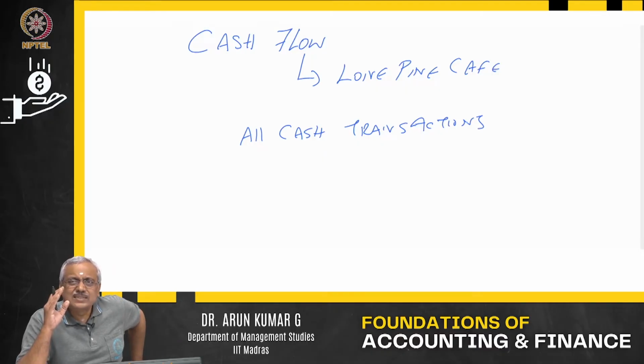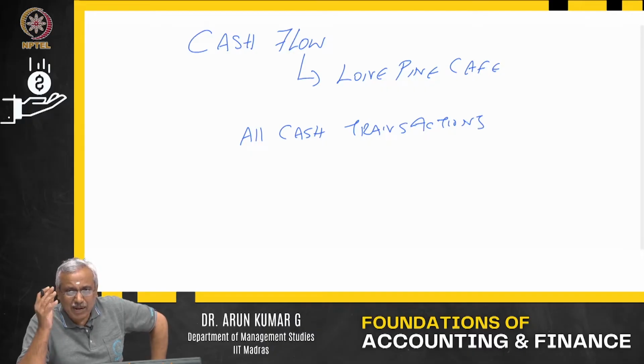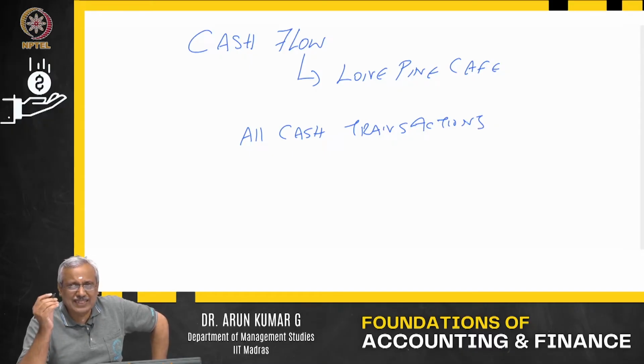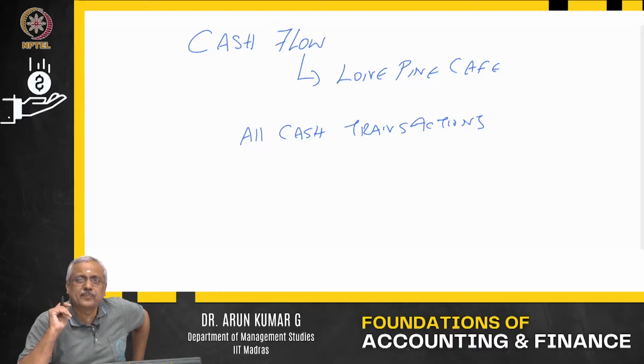Can you start tracking all the cash transactions, compile them at the end of every quarter or every year and prepare a cash flow statement? Is it humanly possible? Though yes, humanly possible, the number of transactions, the amount of time and the amount of effort involved will be really huge, because you have to track transaction by transaction. Where is the cash? Where has the cash gone? You have to look at the whole cash book and then start doing it.